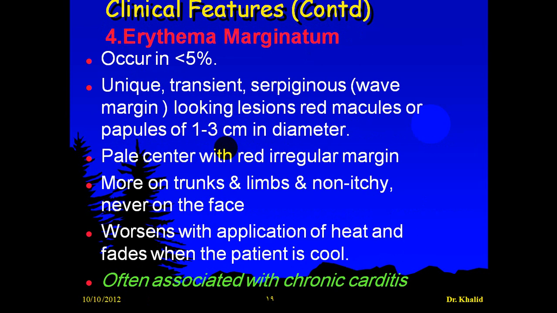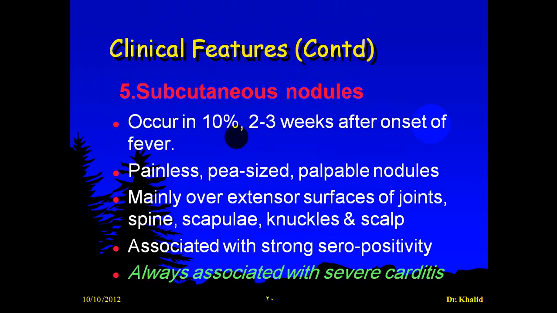They worsen with application of heat and fade when the patient is cold. Often associated with chronic carditis, while subcutaneous nodules will be associated with acute carditis.